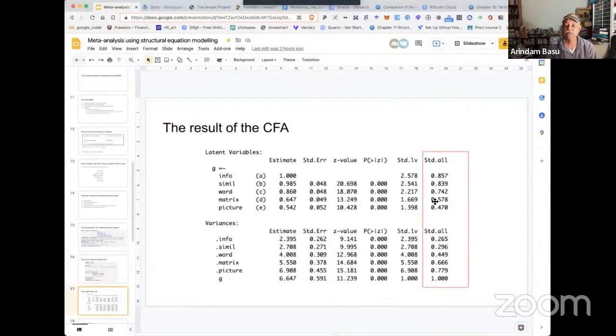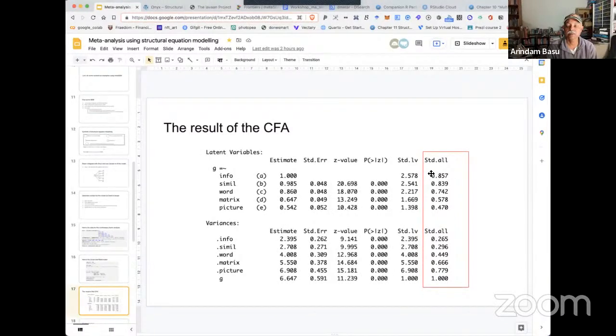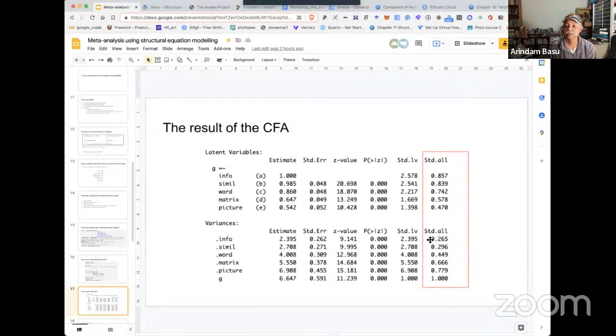And I would say, for example, in case of information only, I have got that the explained path coefficient is 0.857, and the information's standardized unexplained value is 0.265. It turns out that if you take its square, like if you make its variance, and if you make its variance here, you will be able to add them up, and they will add up to 1, because that is going to be the total.